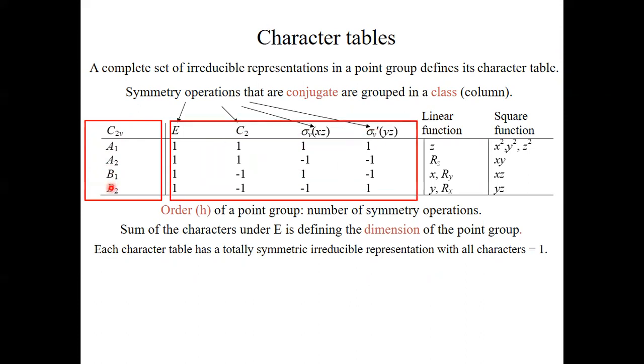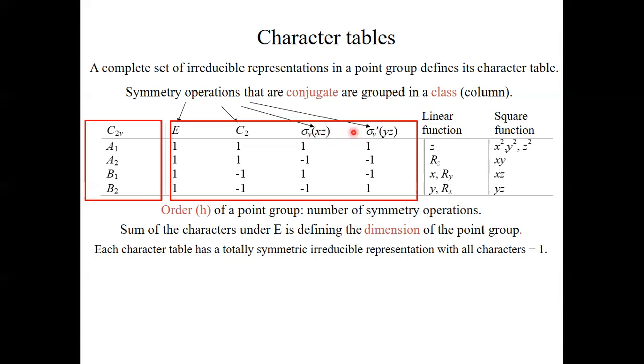Then you see here another block of multiple columns. These are columns for non-conjugate symmetry operations. In this case, we have the identity, the C2 symmetry operation, the sigma v(xz) symmetry operation, and the sigma v prime symmetry operation.